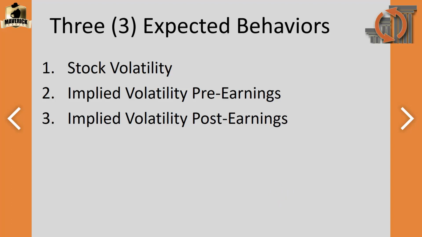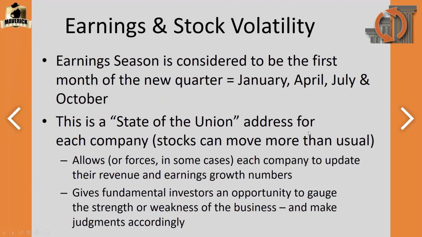It's going to move more than it usually does. That's expected, right? There's also volatility pre-earnings and post-earnings, and those have a tendency, this is the normal behavior, to do something as earnings approach and then as earnings leave. Let's talk about these behaviors.